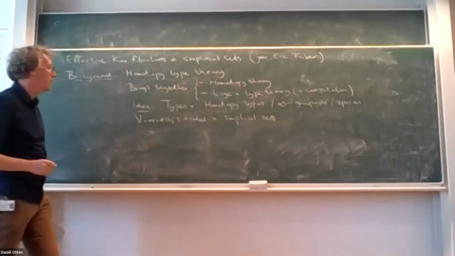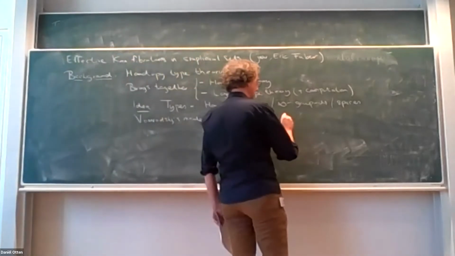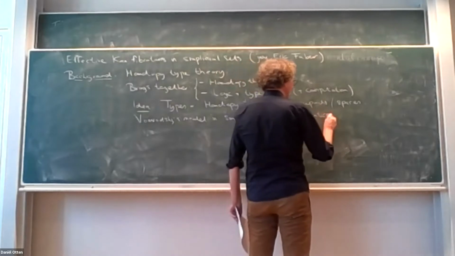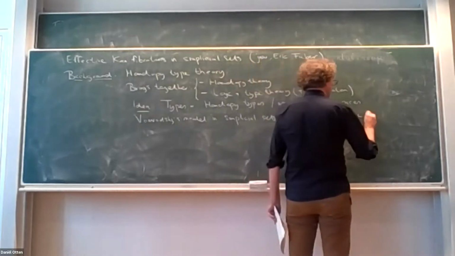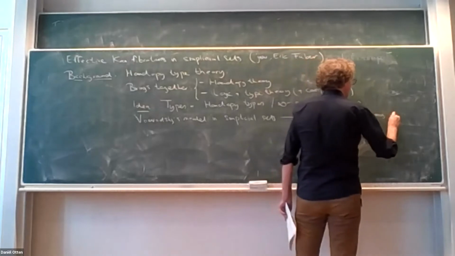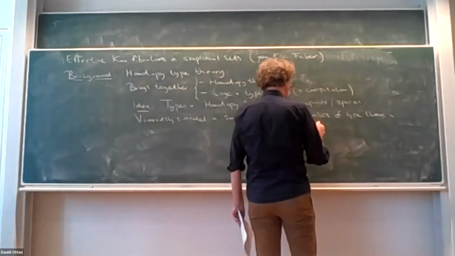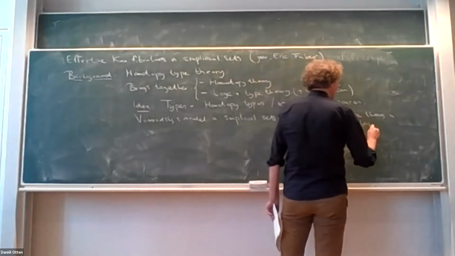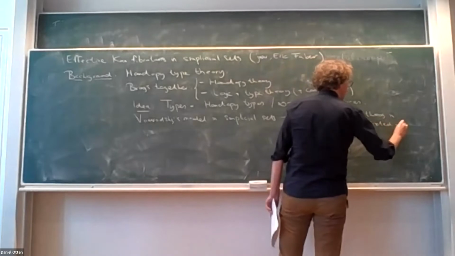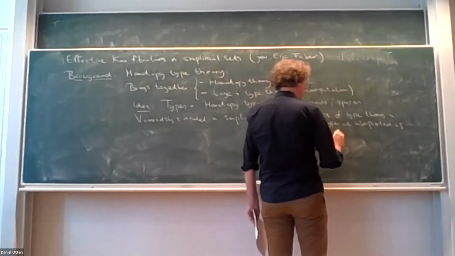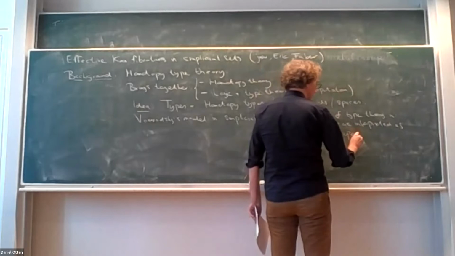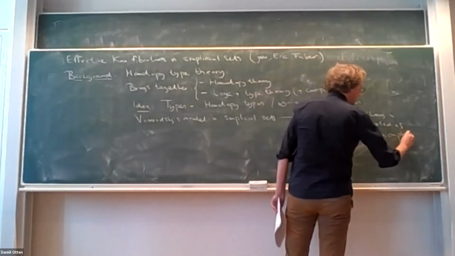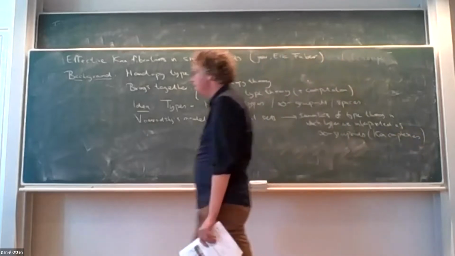As Nicola also mentioned, this gives us a semantics of type theory in which types are interpreted as infinity groupoids.